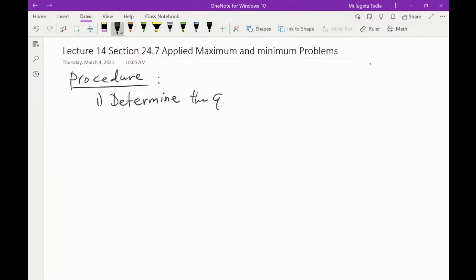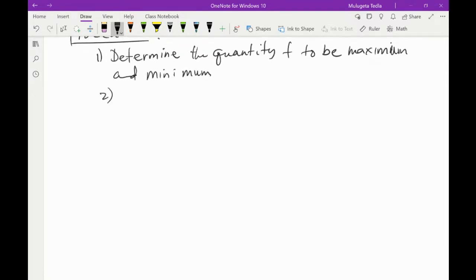Determine the quantity f to be maximized or minimized. And then the second one is: take the derivative of f to find the critical numbers.